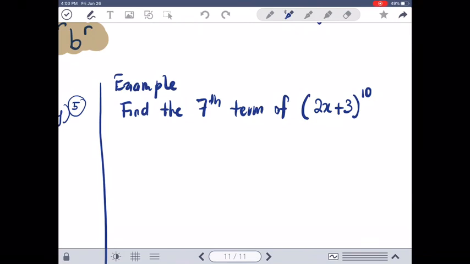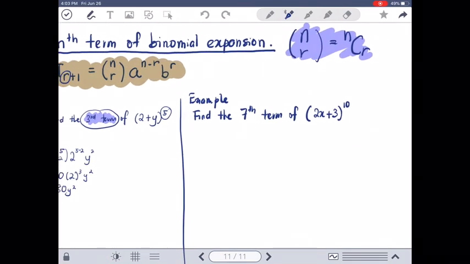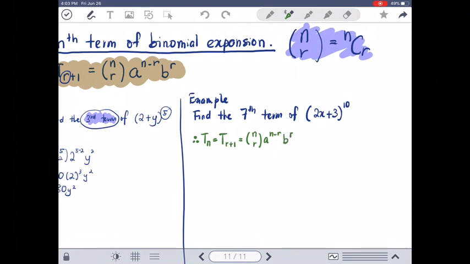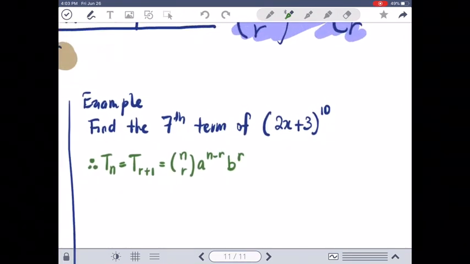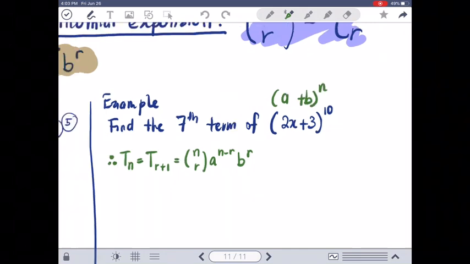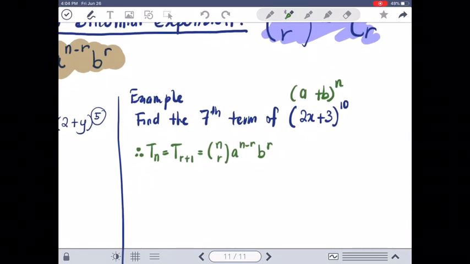So by the formula of Tn, we know that formula. By formula, Tn is equal to Tr plus 1, which is equal to nCr a to the power of n minus r, b to the power of r. So in this case, we have (a plus b) to the power of n. So we want to find the 7th term.